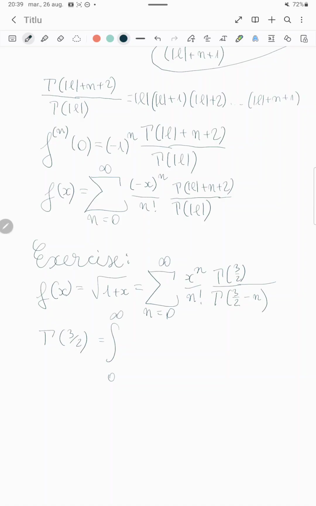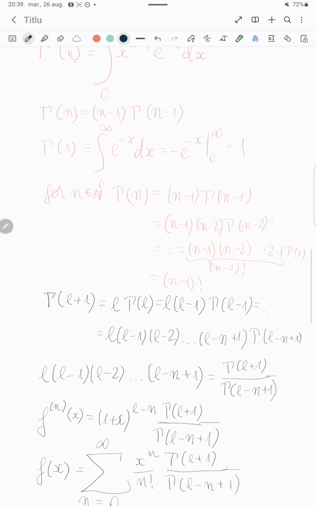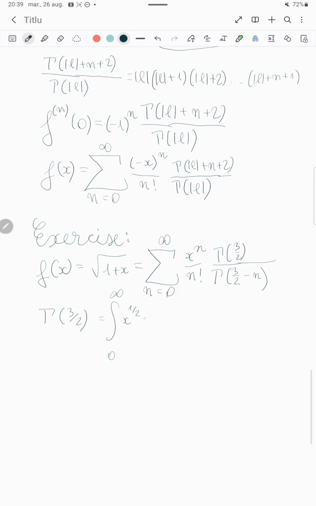Here we have the integral from 0 to infinity of x to the 1/2 times e to the minus x dx, according to our definition. And if we do the u substitution, x to the 1/2 is u, which means that x will be equal to u squared, which means that dx is equal to 2u du.